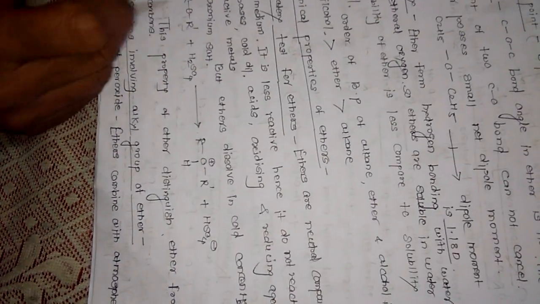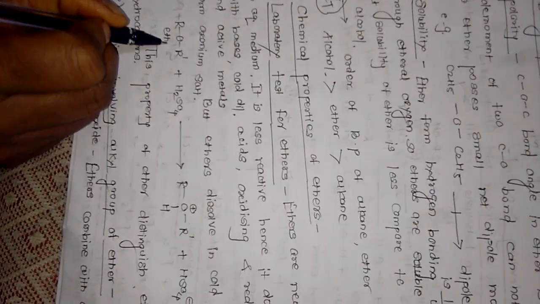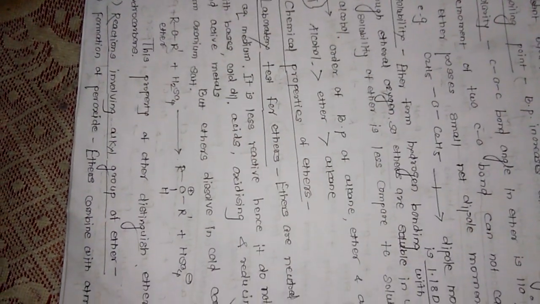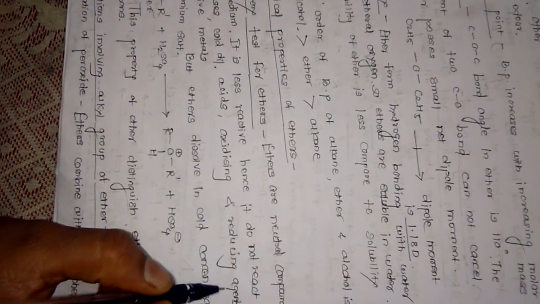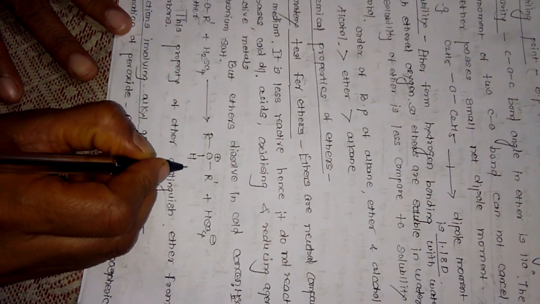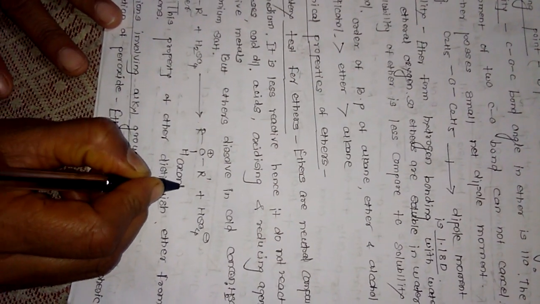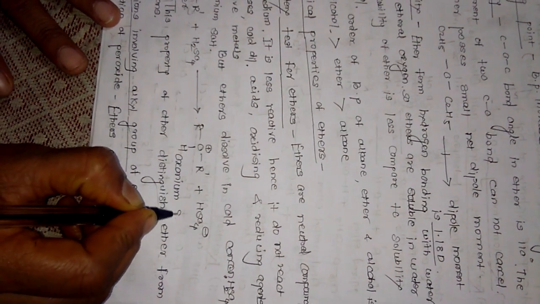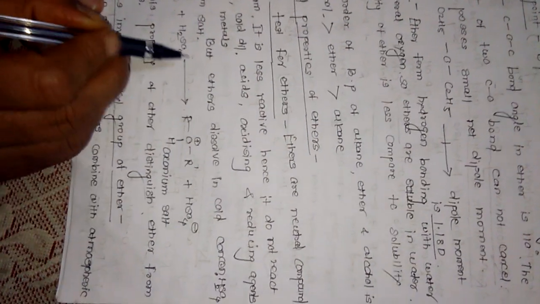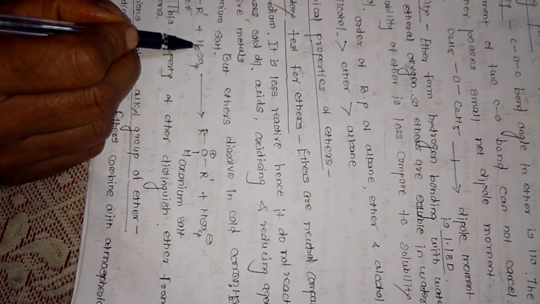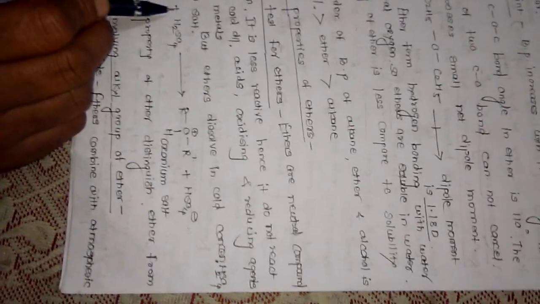But when we take this ether and dissolve it in concentrated H2SO4, it forms an oxonium salt. H2SO4 fragments into H plus and HSO4 minus.